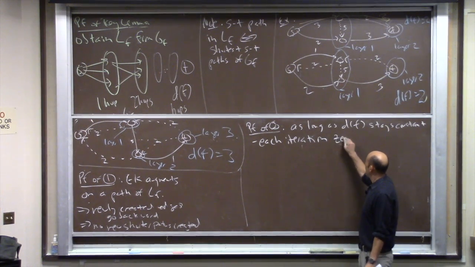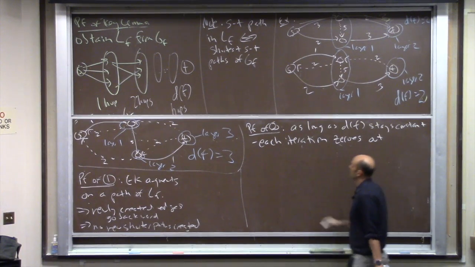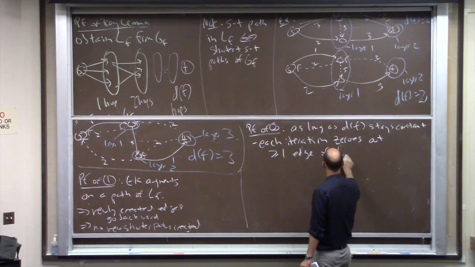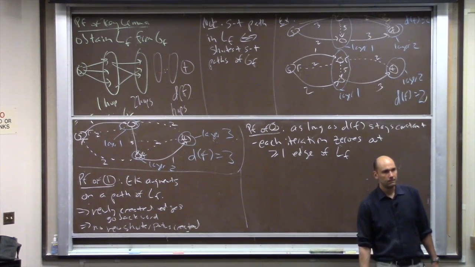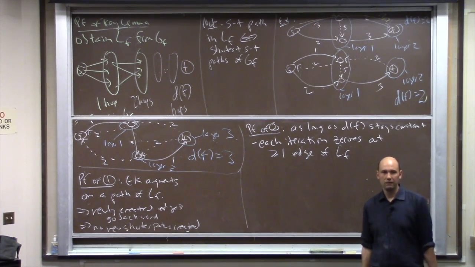The first claim is that every iteration zeroes out at least one edge of L sub f. And this is just, by the way we choose the parameter delta, because we're greedy. We find a path on which we can augment, and we augment as much as we can, subject to the residual capacity constraints.